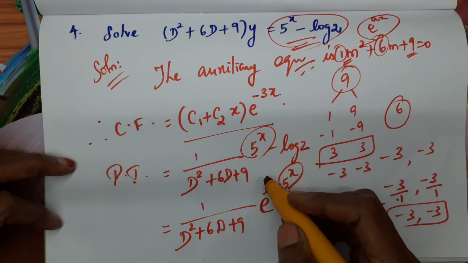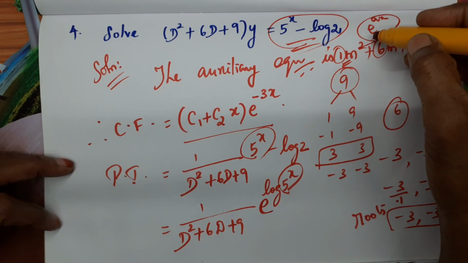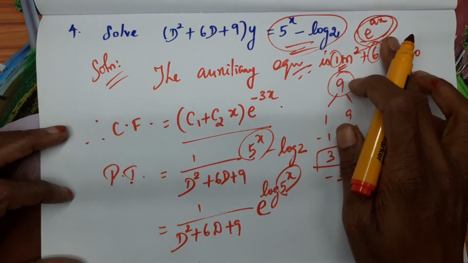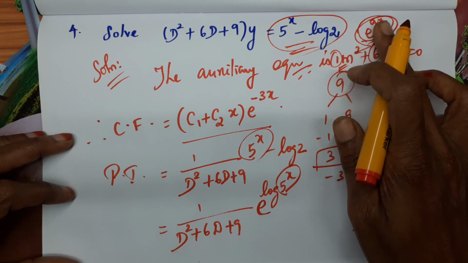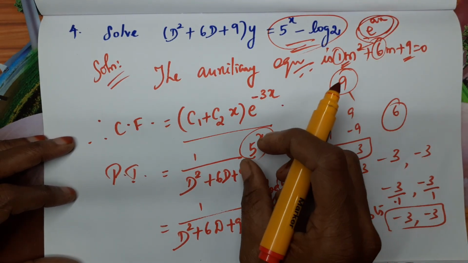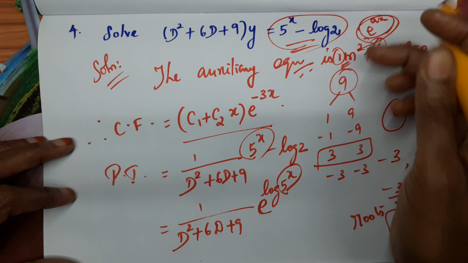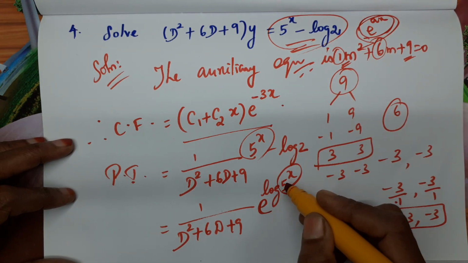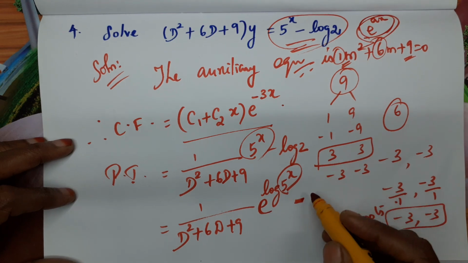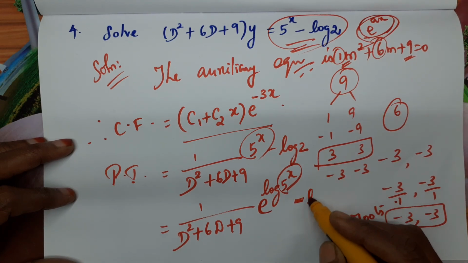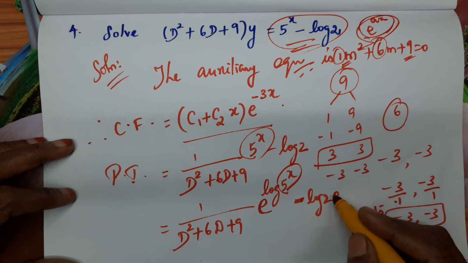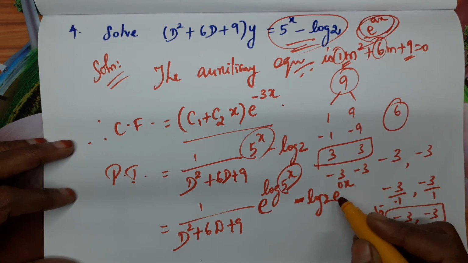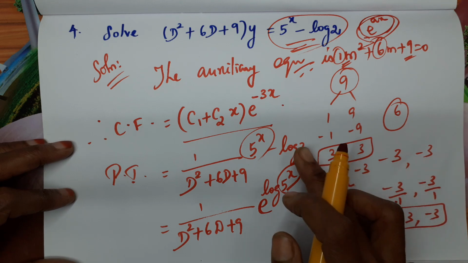Since we have a procedure for finding the particular integral if Q of x is of the form e power ax, we are converting the given problem to that format. So 5 power x we are rewriting as e power log of 5 power x, and minus log 2 can be written as log 2 into e power 0x. Anything power 0 is 1, right? So this is 1 into log 2, that is log 2.